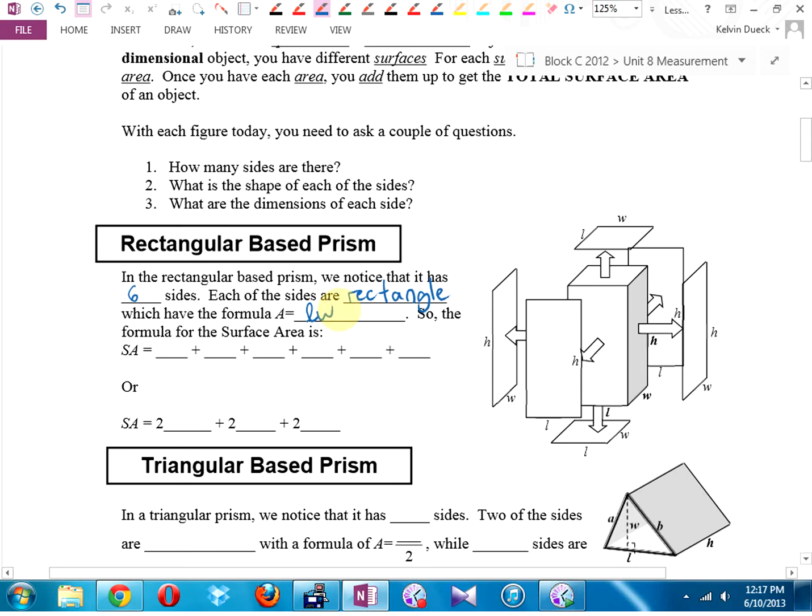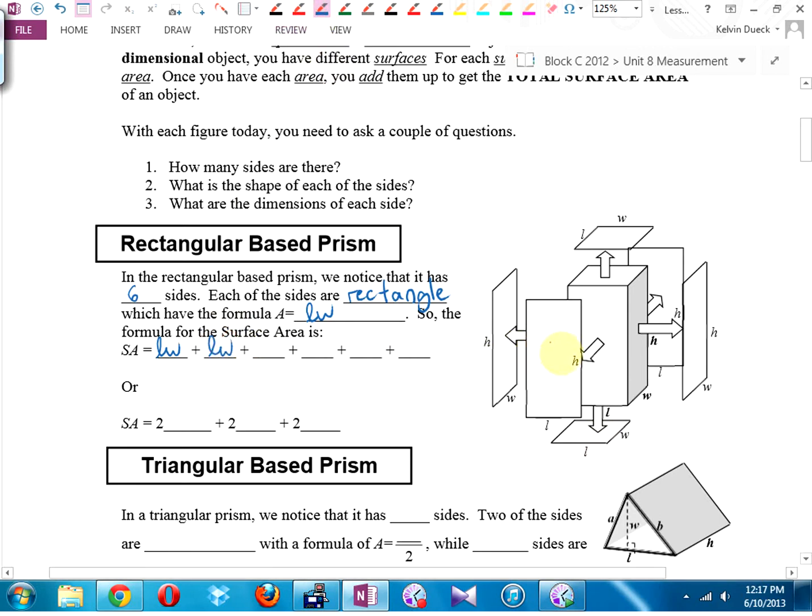In fact, you can say that the surface area is, what's the area of the top side? As an equation, let's write down here LW. What's the area of the bottom? Also LW.